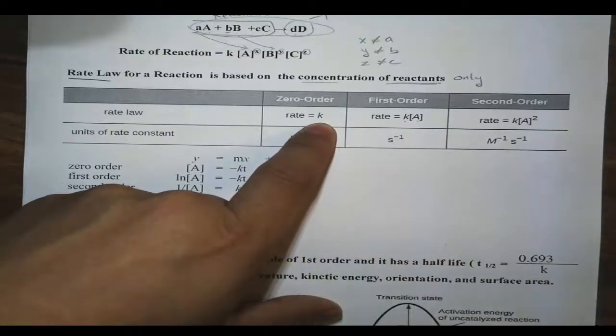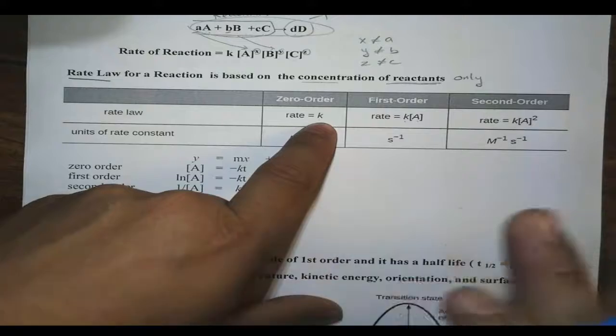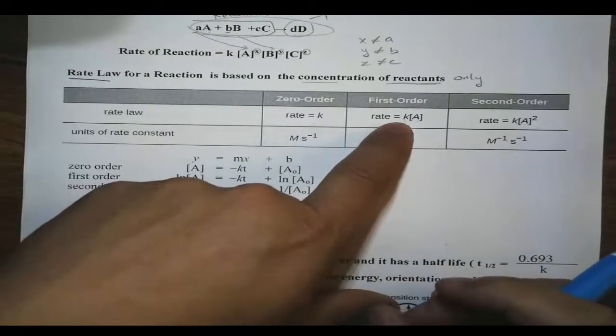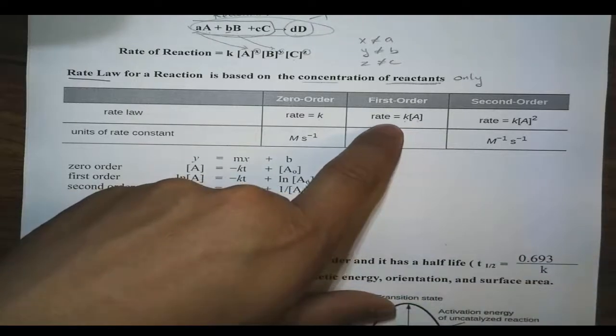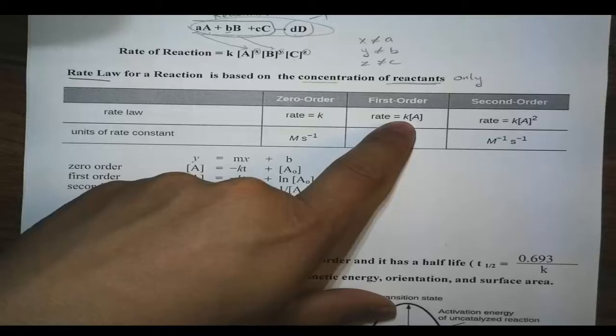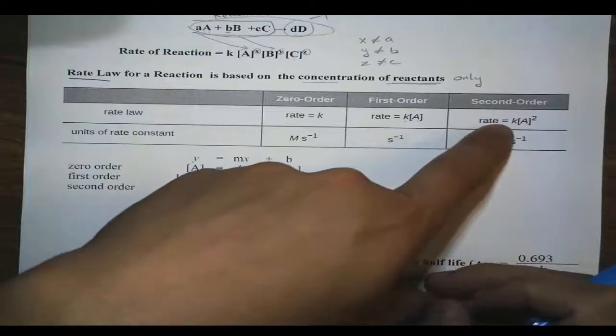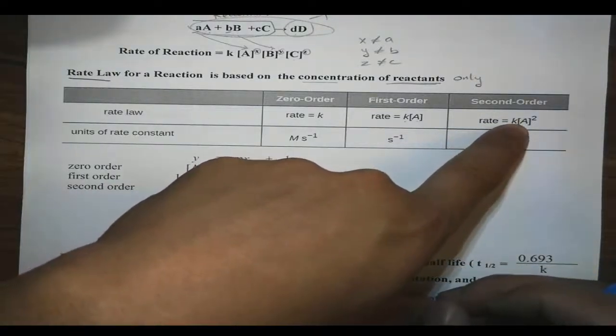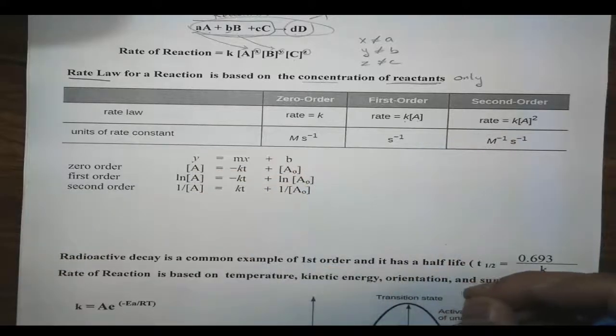That tells you that the rate of this reaction does not depend on the concentration. Whereas for the first order, you have K times A, that tells you that the rate is dependent on the concentration, or the initial concentration, of the chemical reaction, where the second order is dependent on the square of the concentration. So keep that in mind.